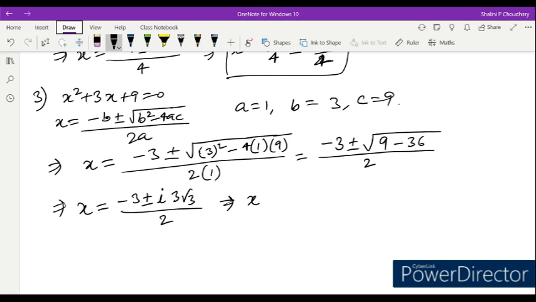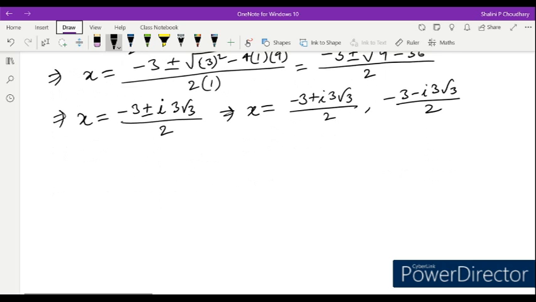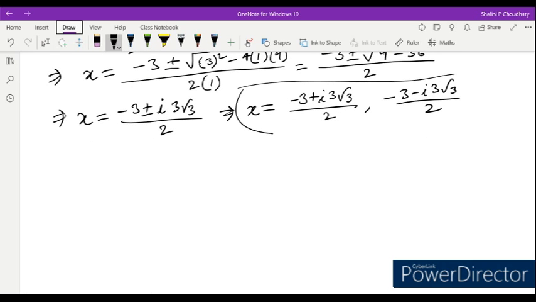So दो रूट्स क्या होंगे x के? Minus 3 plus i 3 root 3 divided by 2 and minus 3 minus i 3 root 3 divided by 2. ठीक है, now these are the roots of x.